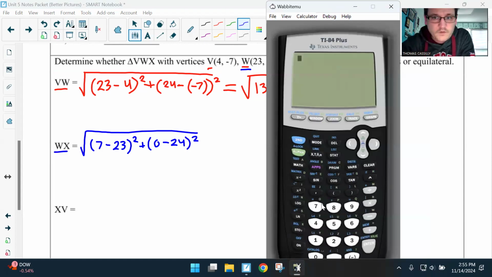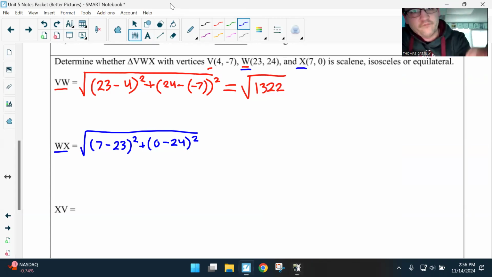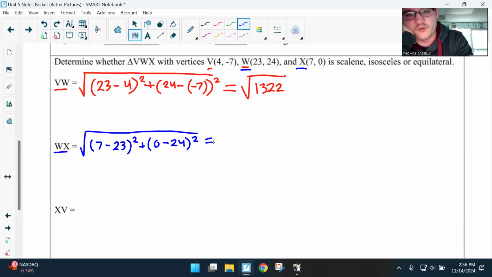Type it in exactly how you see it. So 7 minus 23, close the parenthesis, press the squared button, put the plus button, another parenthesis, open it. 0 minus 24, close that parenthesis, press the square button. Just make sure it looks exactly like you have it written down. So that's 832. Whoa. This equals the square root of 832.